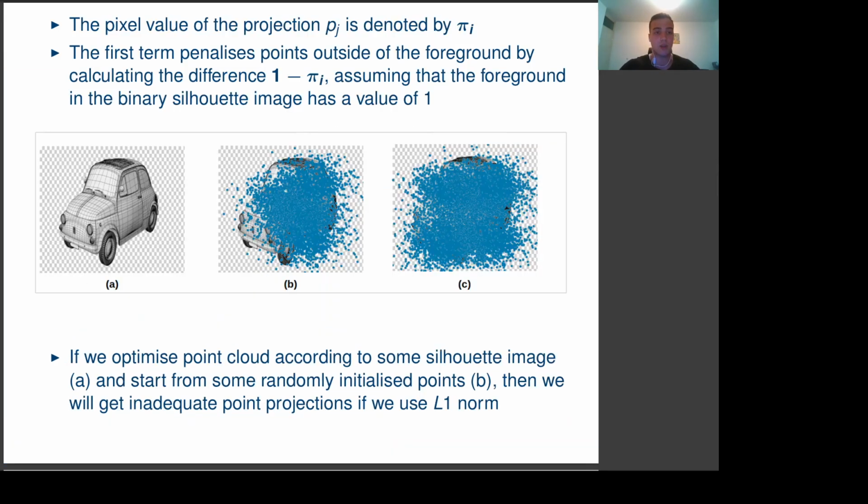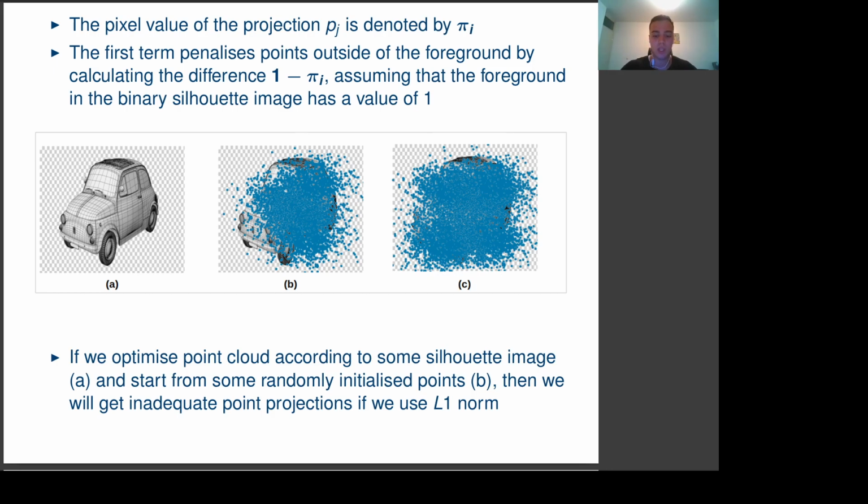The pixel value of every projection Pj we are going to denote by Pi. The first term here will penalize all the points outside of the foreground by calculating this difference, 1 minus Pi, and we assume that the foreground in the binary silhouette image has a value of 1, as we previously said.